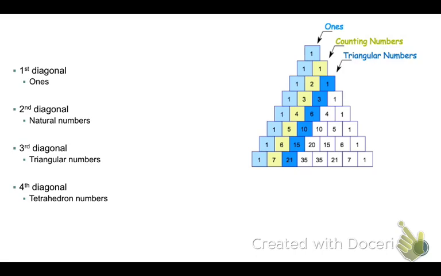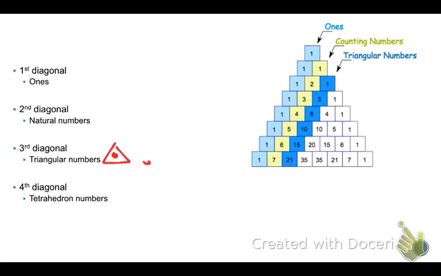If you look at this first diagonal, it's all ones. The second diagonal is your counting numbers, so it always goes 1, 2, 3, 4, 5, 6, 7, 8, 9, 10, forever. The third is your triangular numbers, which means that you can make a triangle out of them. So 1, you can make a triangle out of that, I guess.